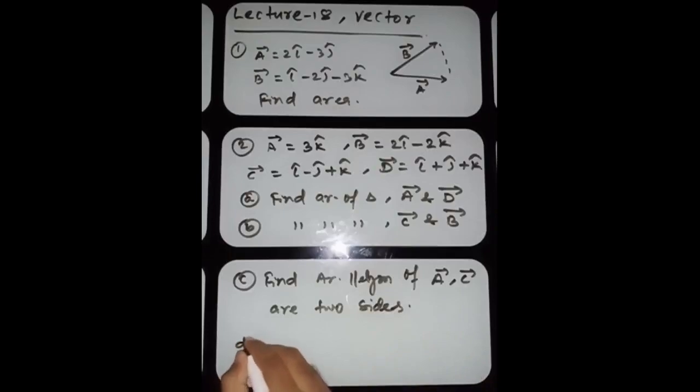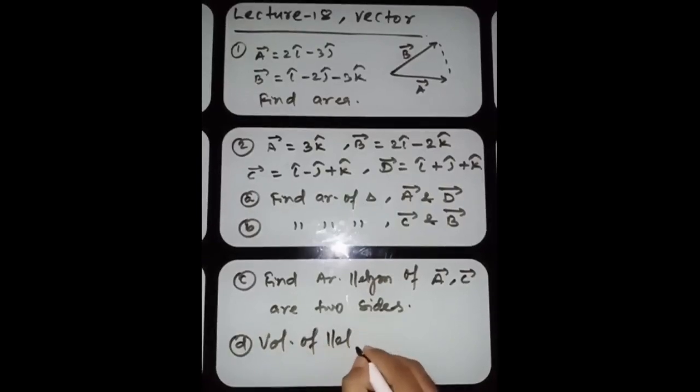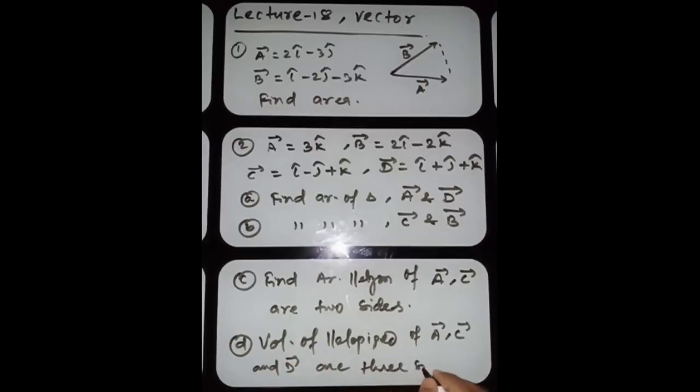D, find the volume of the parallelepiped if A, C and D are three sides. So these are your homework.